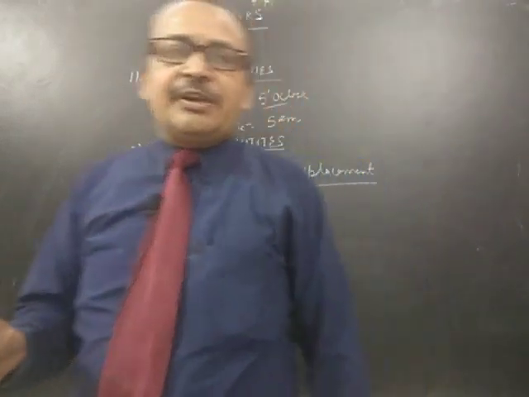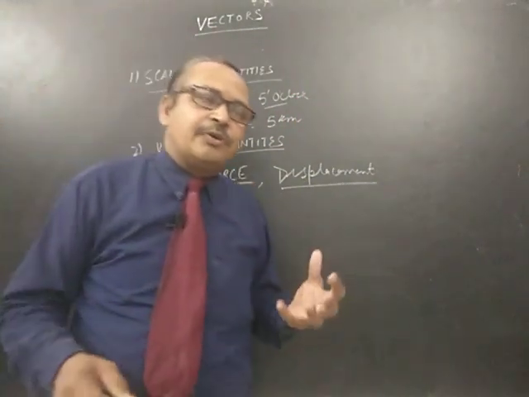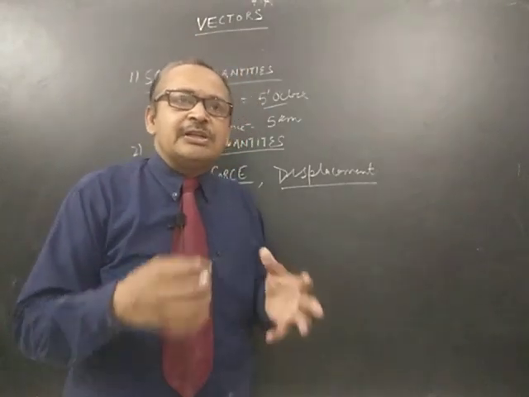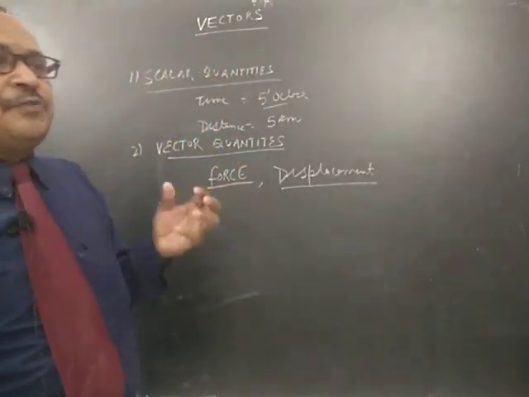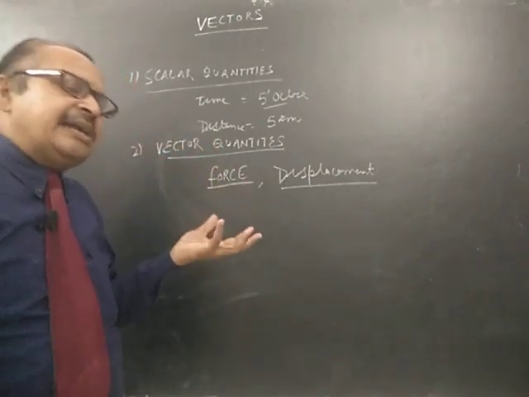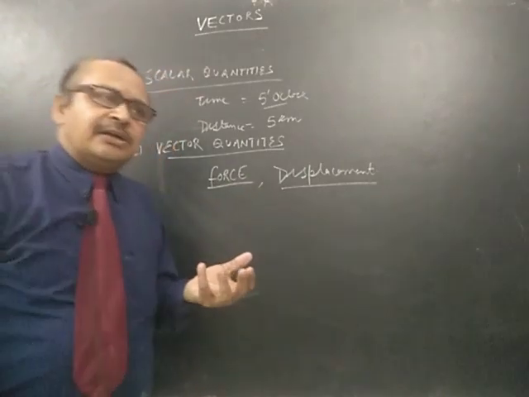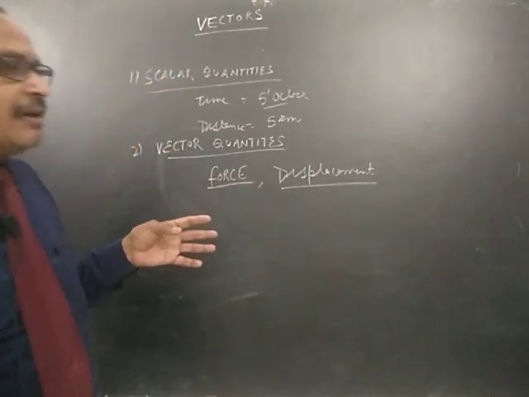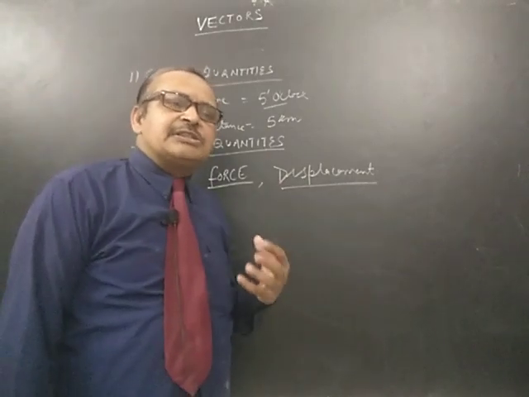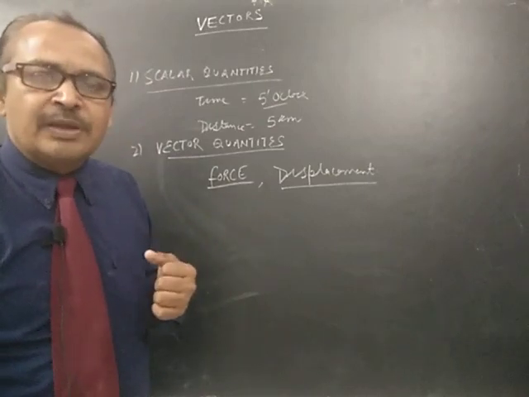Now see, my dear friends, when we are talking about scalar quantities and vector quantities, obviously this is physics, and in physics we sometimes have to add different quantities together. Sometimes we have to multiply, sometimes divide, sometimes subtract. That means basic algebraic operations we have to perform.